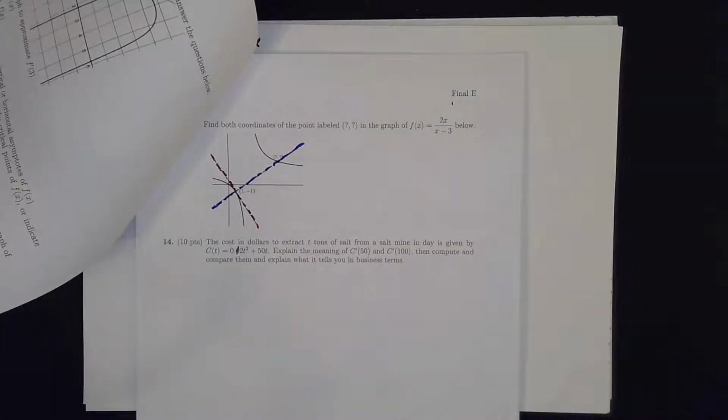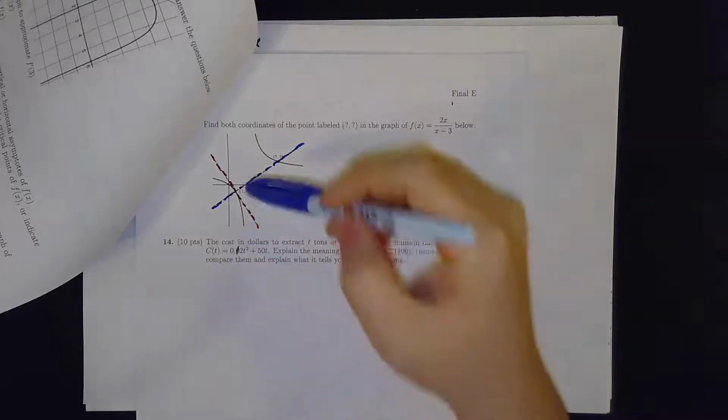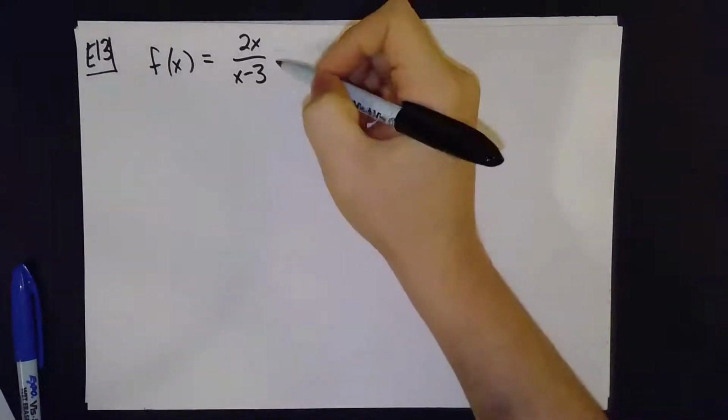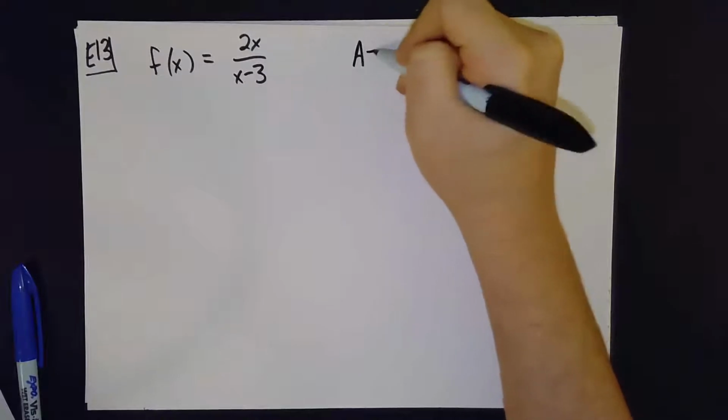I can find the red line first. The red line is the tangent line to the graph at the point 1, minus 1. So I know how to go about that. So again, I need to use the quotient rule.